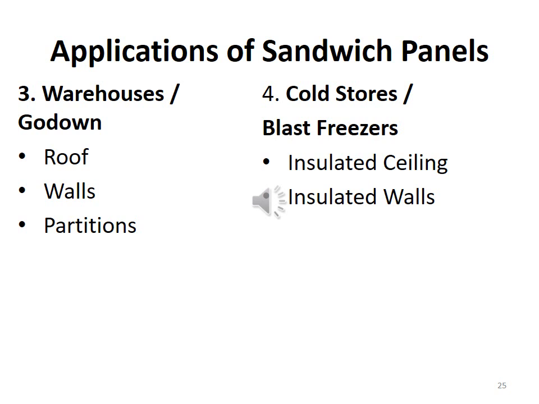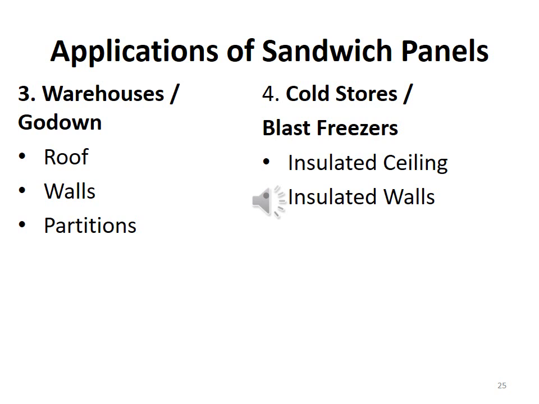And these sandwich panels, being a thermal insulator, can contain the heat and the cooling in the building. So these sandwich panels are extensively used in insulated ceilings and insulated walls, in the cold storage rooms and the blast freezers, where the purpose is to maintain the cooling of the room in the building.